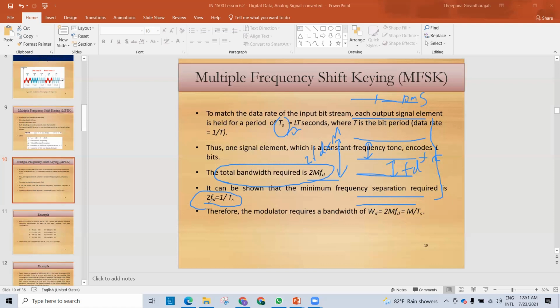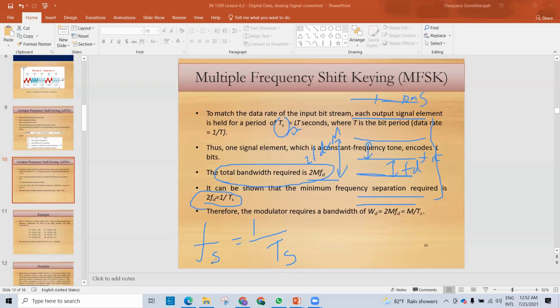TS means the time required for the transmission of one signal element. We know the equation F is equal to 1 over T. So 1 over TS means Fs, the frequency of the signal element.